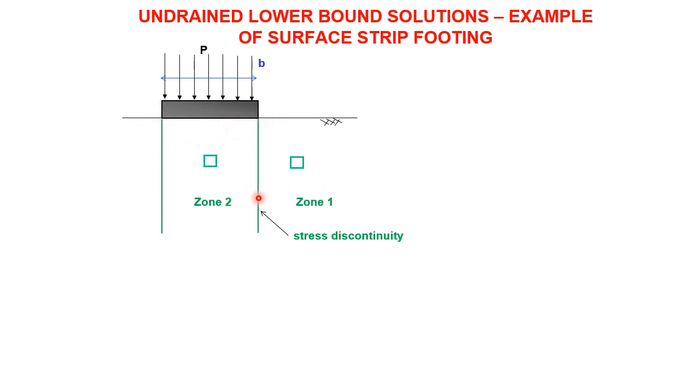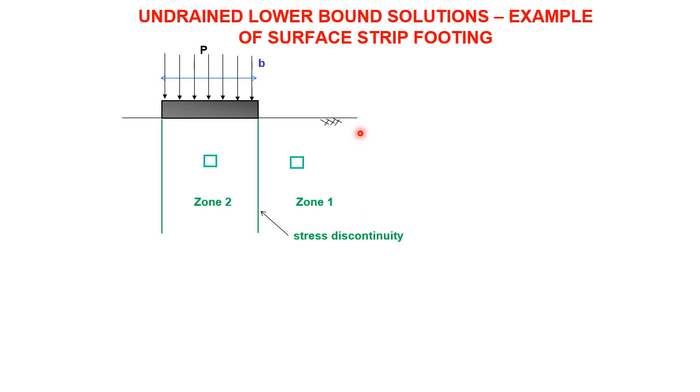So that's a discontinuity. It means that the stresses here in zone 1 and the stresses here in zone 2 are different. Now you know, because you've done it with Petra, I think you'll have thought about Boussinesq pressure distributions and seen how the pressure in the soil beneath the foundation will vary, and there's a sort of bulb shape of pressure distribution, and the stresses would be maximum somewhere here and decrease out this way.